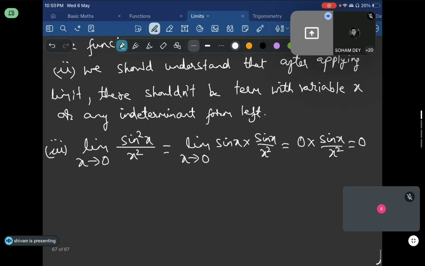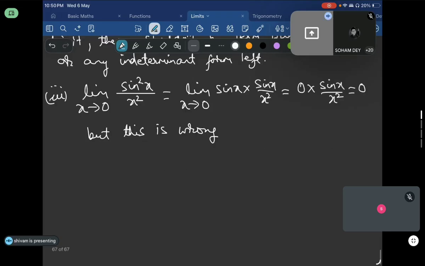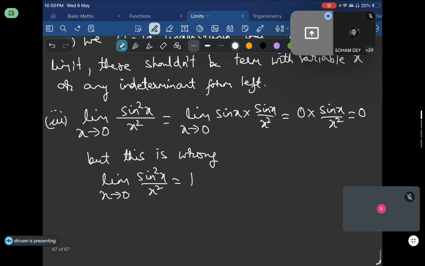Right? But this is wrong, because we have already seen that limit x tends to 0 sine square x by x square is equal to 1. So see, after applying limit, after substituting the value, there shouldn't be any term with variable x left.